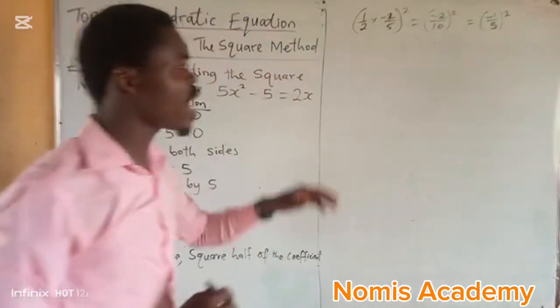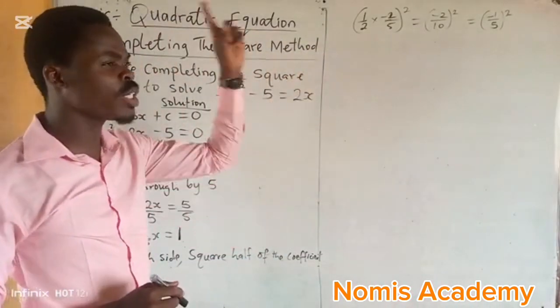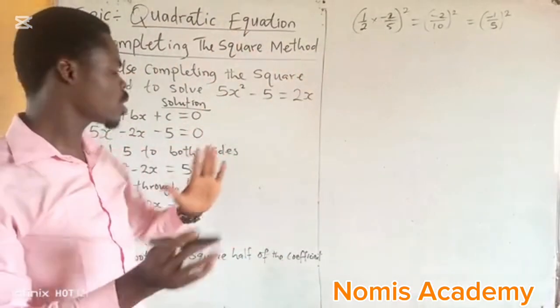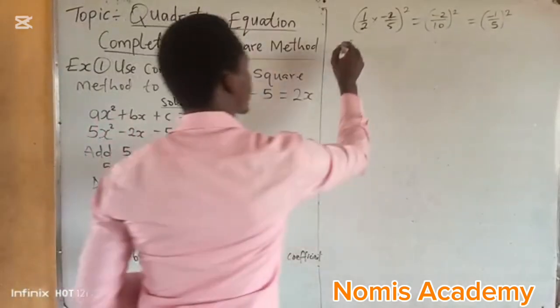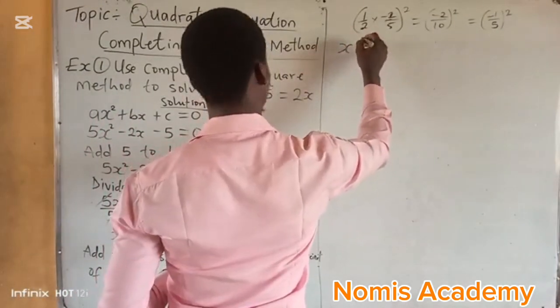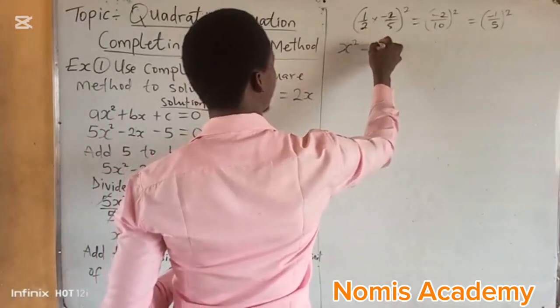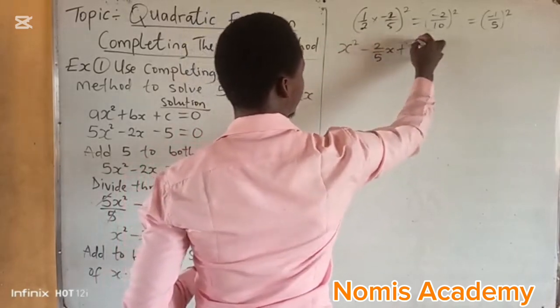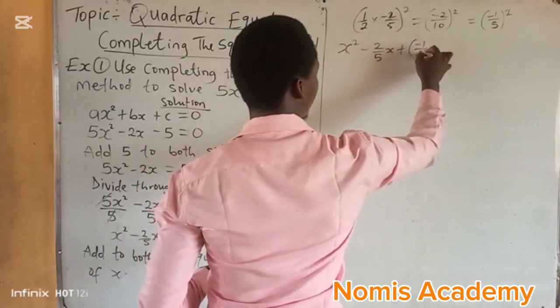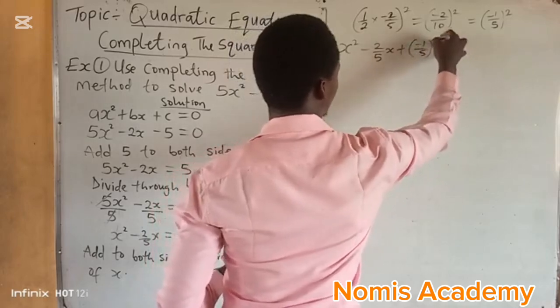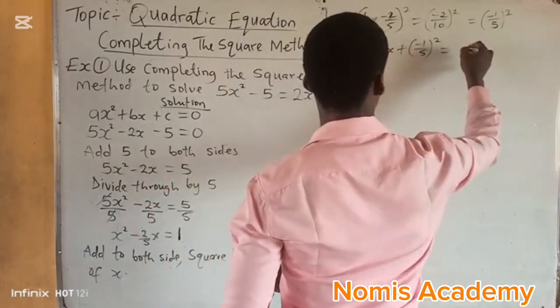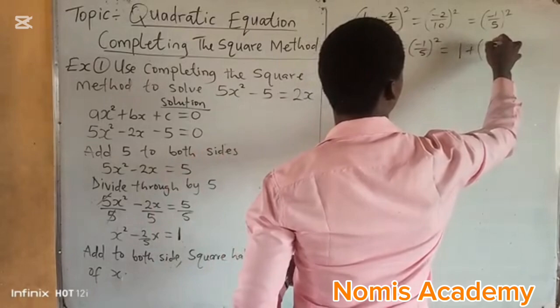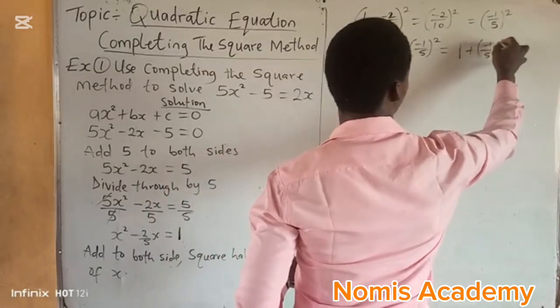So we are going to add minus 1 over 5 all raised to the power of 2 to both sides. So that will be x squared minus 2 over 5x plus 1 over 5 raised to the power of 2 equal to 1 plus minus 1 over 5 raised to the power of 2.